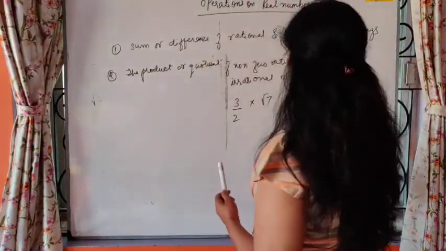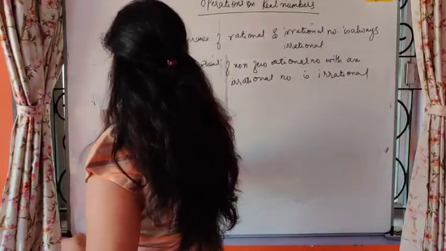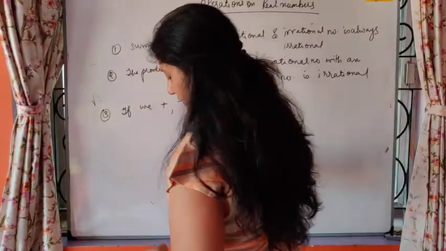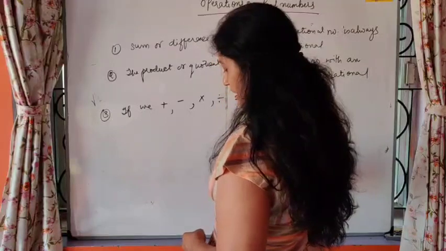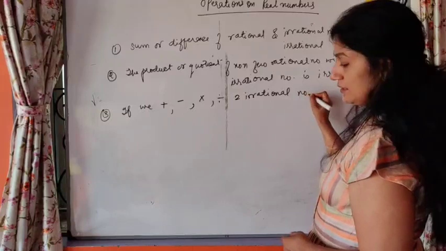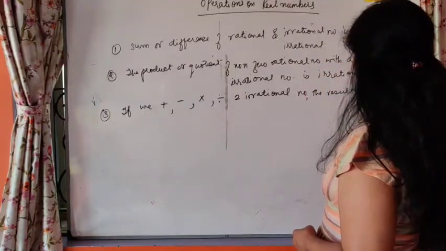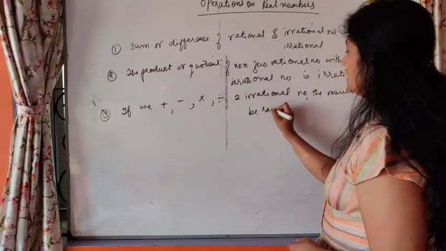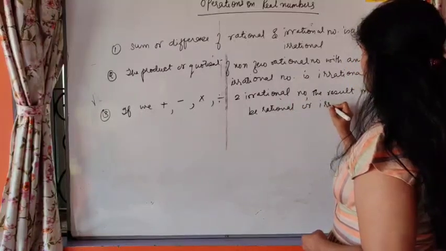Now the last point is, if we add, subtract, multiply or divide two irrational numbers, the result may be rational or irrational.